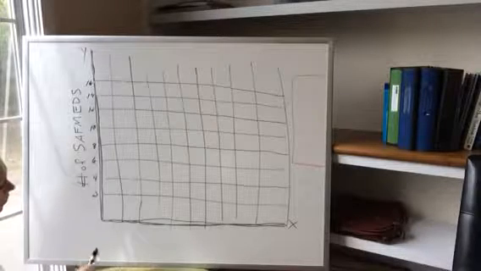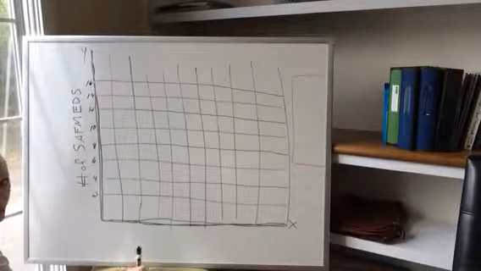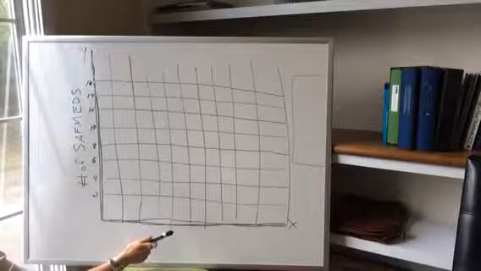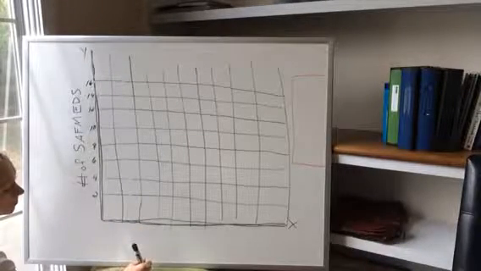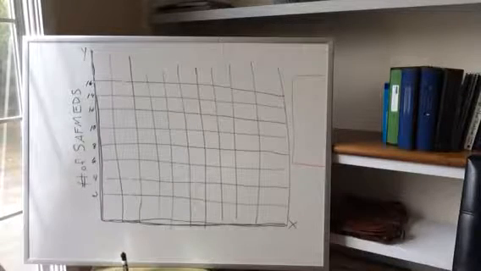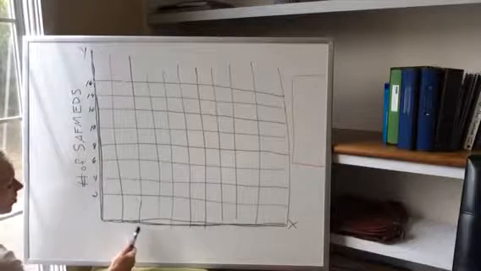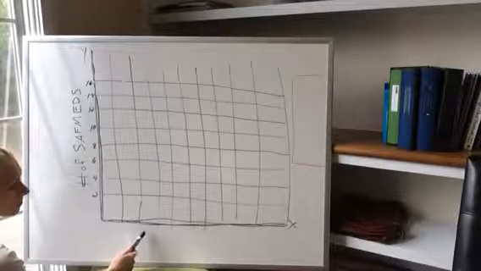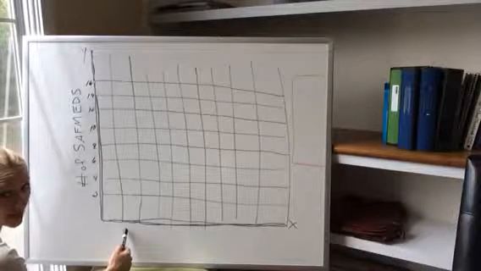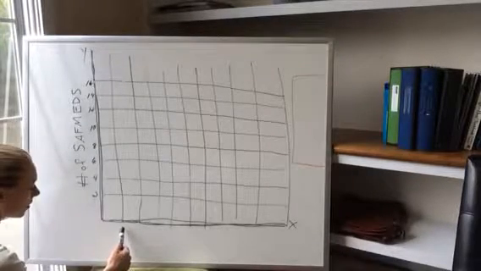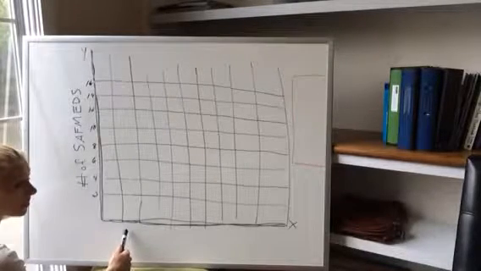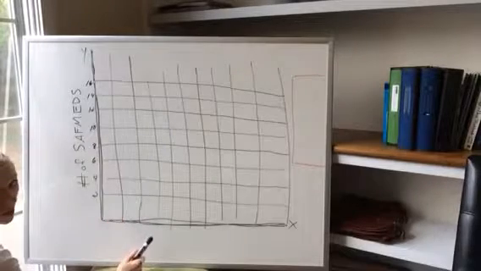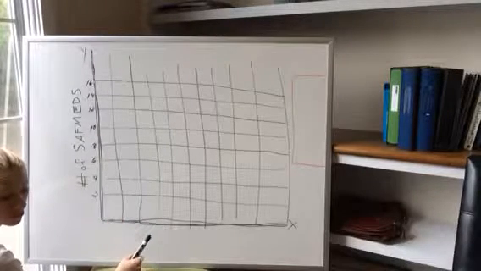Now, we've got our horizontal axis or x-axis. And what does the x-axis measure? Time. So, what would be an appropriate label? Could we use a day? We could say day 1, day 2, day 3, but then that would really only limit you to being able to only plot one time.